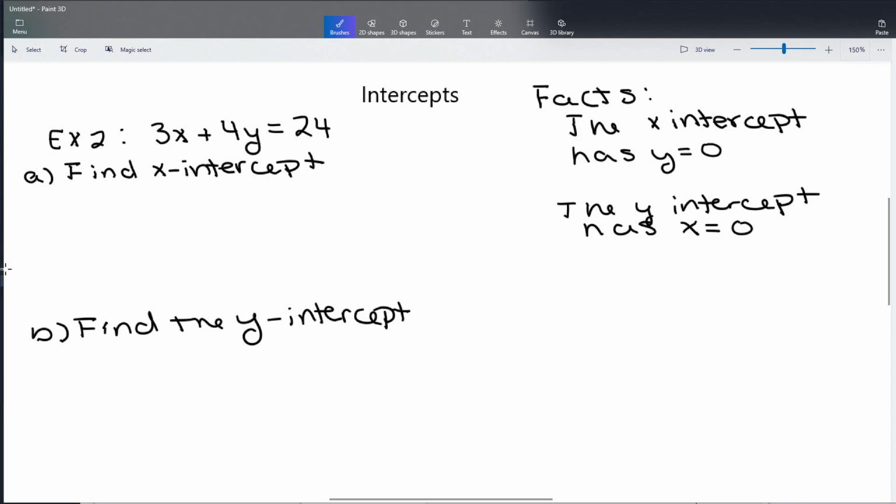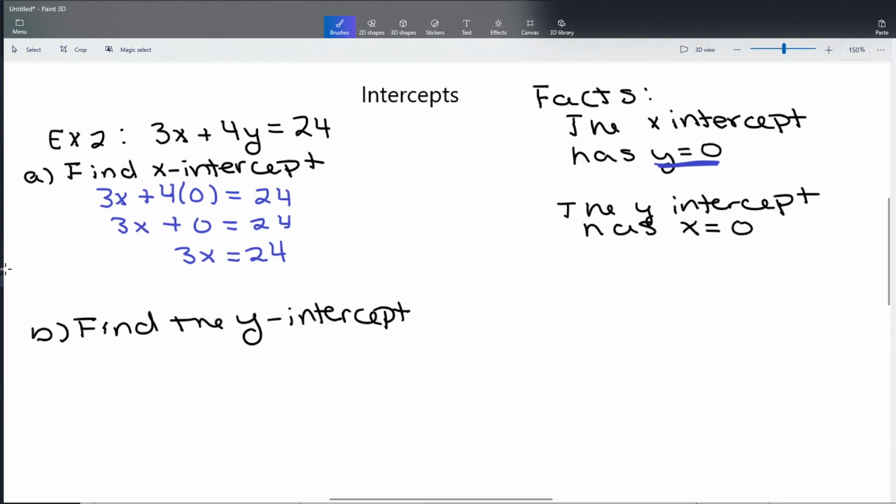Now we know for the x-intercept that y is equal to 0. So I'm going to take my equation and plug in y equals 0. Now, 4 times 0 is 0, so I get 3x equals 24.